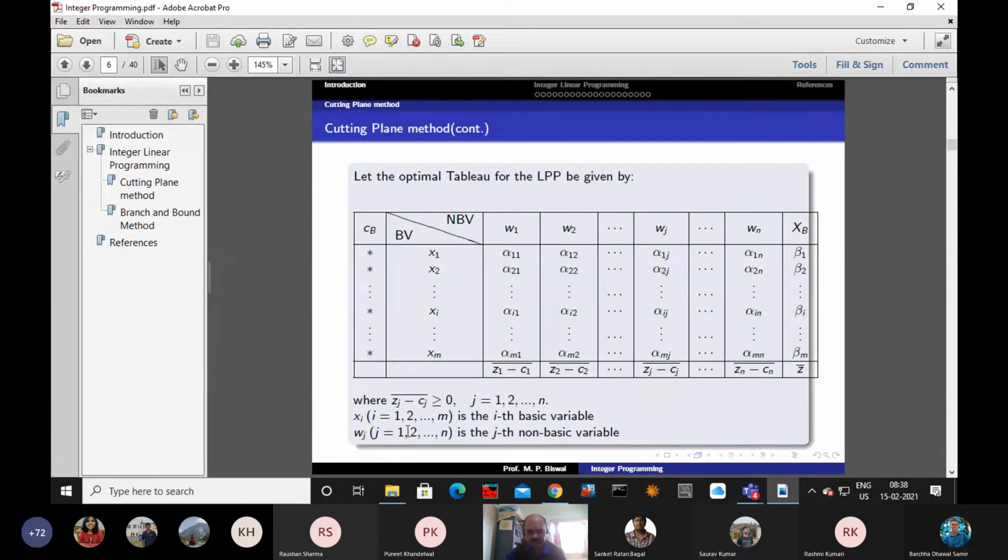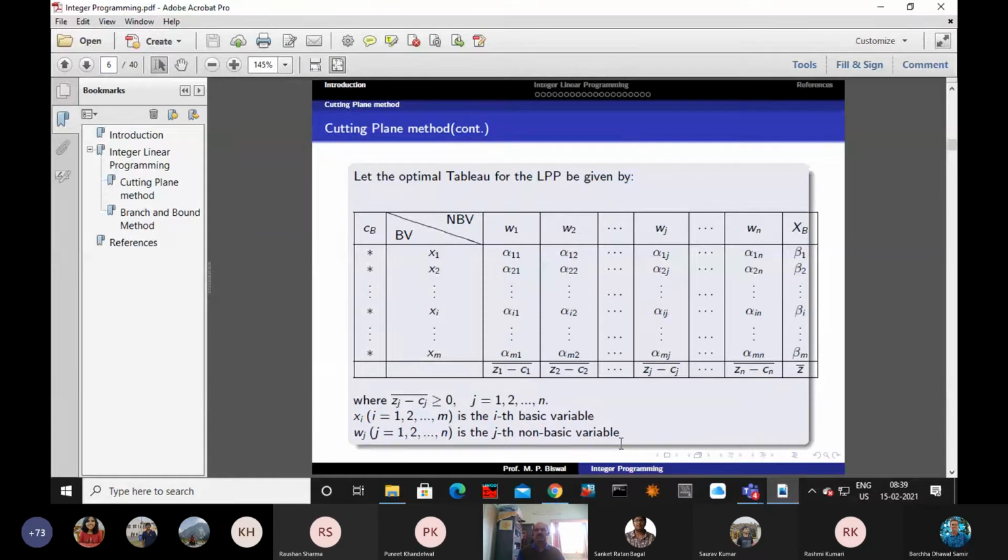This is given here. zj minus cj non-negative, j varies from 1 to n. xi is the ith basic variable value, and this is the jth non-basic variable. Generally in this table, what is the value of the non-basic variable w1? Can you say anything? What is the value?